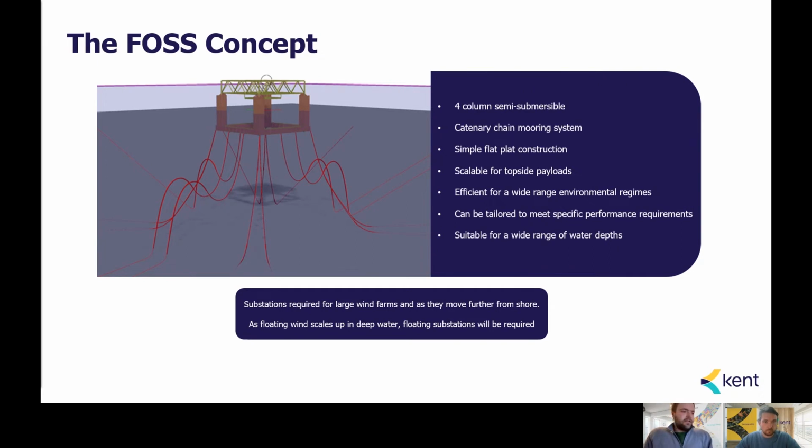The reason we focused on this is it's quite a simple and elegant and likely solution that floating offshore substations will take, and so it was a really good subject for us to build a multi-objective optimization workflow around. It's also quite simple flat plate construction, and so from a fabrication perspective, it can be fabricated in many locations around the world, and it's suitable for a wide range of water depths.